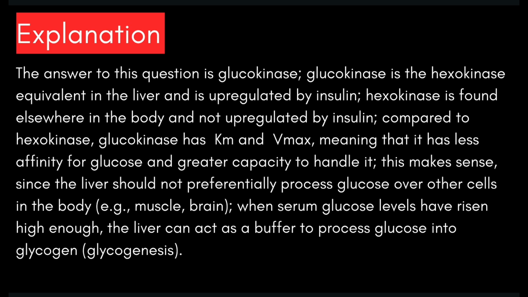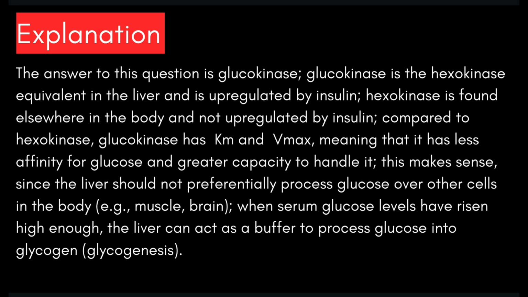So the answer to the question is glucokinase. Glucokinase is the hexokinase equivalent in the liver and is upregulated by insulin. Hexokinase is found elsewhere in the body and not upregulated by insulin. Compared to hexokinase, glucokinase has increased Km and increased Vmax. Sorry about that.